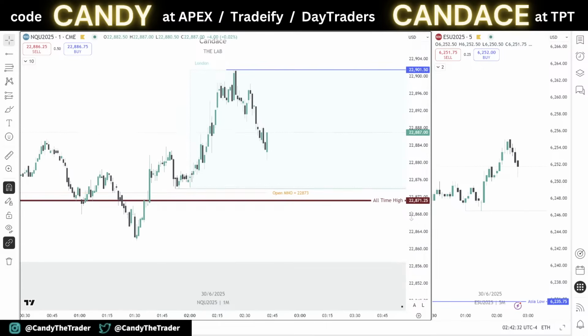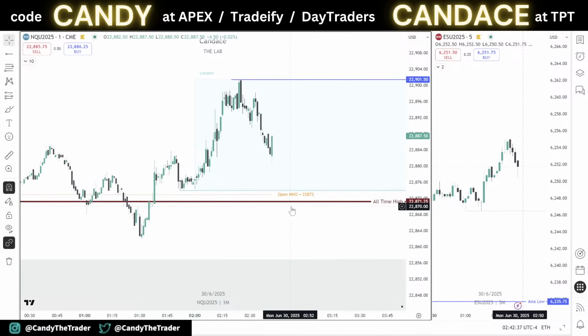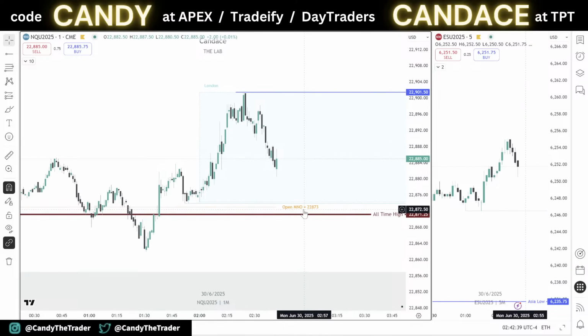If it keeps going down, I don't want to short either. In that case, I'm just looking for longs for this higher time frame analysis. Thank you, Hamgata.